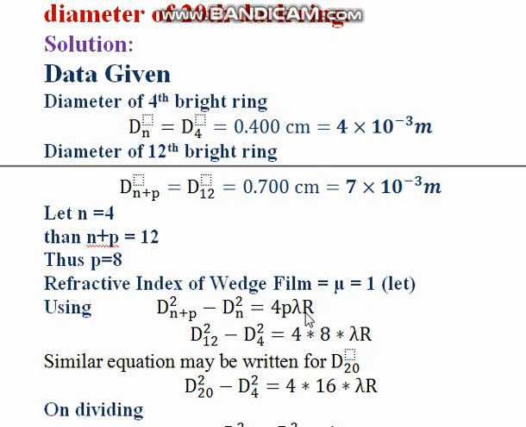Therefore you may write the formula in this form. The formula was lambda equal to this term divided by 4pR.